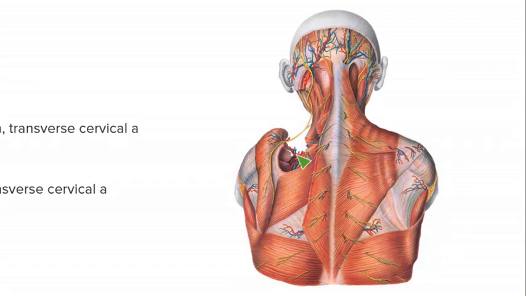The artery that accompanies it is shown here. This is the deep branch of the transverse cervical artery, and then it will disappear under the rhomboid minor and then major along the medial border of the scapula.